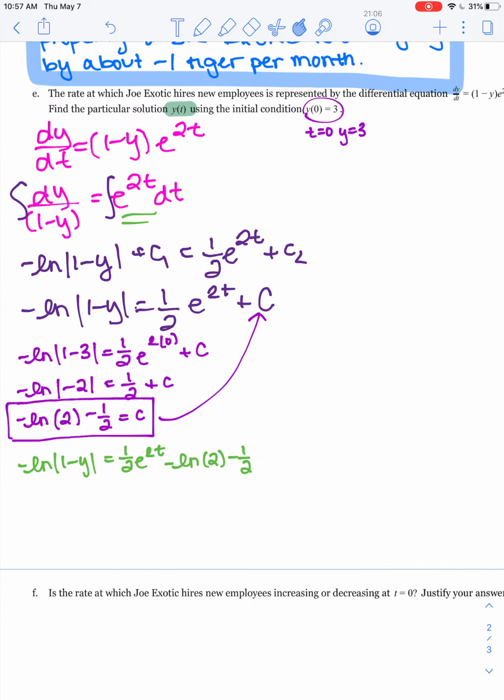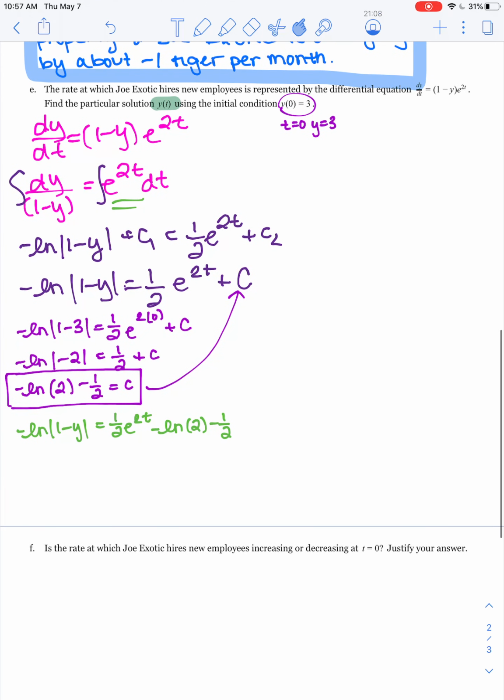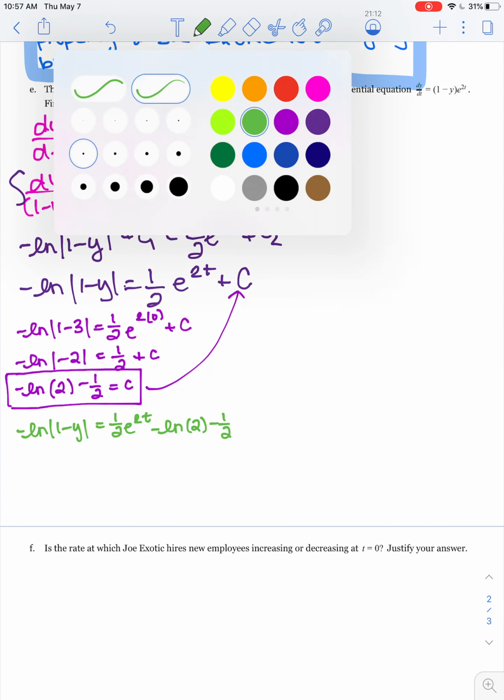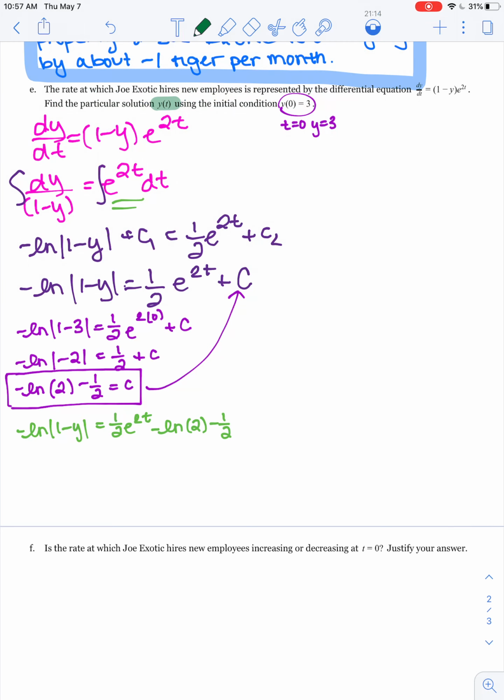And it's not pretty, but we can solve this equation for y. The first step is going to be to isolate the natural log. So we're going to have to divide out a negative 1. And that will give us natural log of 1 minus y equals negative 1/2 e to the 2t plus natural log of 2 plus 1/2.